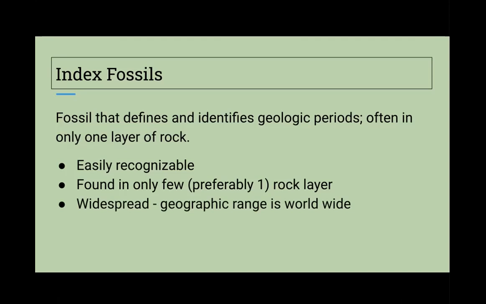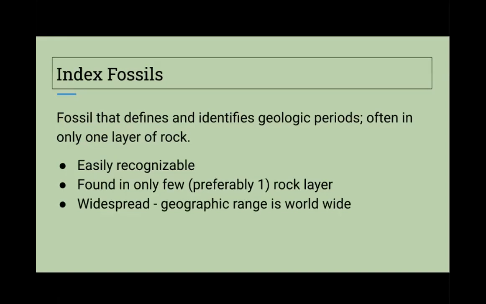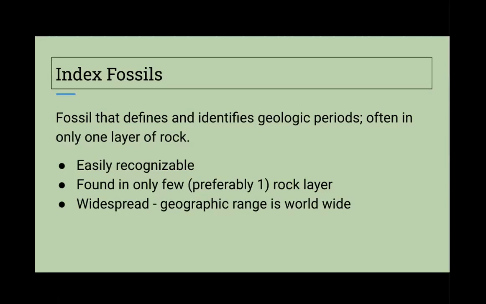So it's going to help us identify what time period that actual rock layer is from, because these specialized fossils are very unique to that time period, so we can confidently say that a sample from Africa or a sample from Antarctica are from the same time period if they have the same fossils in them.